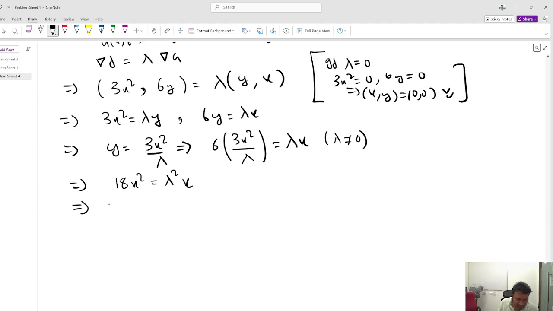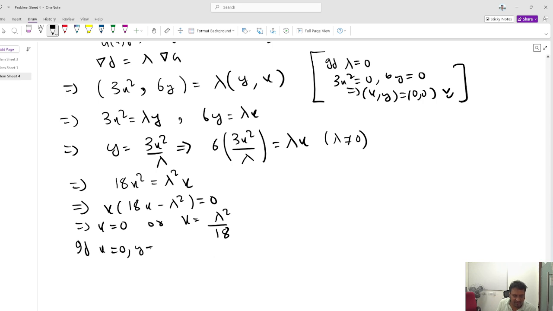So from here you can take x common. 18x minus lambda square is equal to 0. So this implies x is 0, or x is equal to lambda square by 18. So if x is 0, guys, y is also 0.